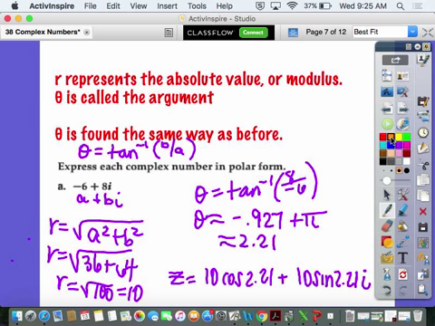I is always with sine, because it's always with the B. Yes, you do simplify. What is 10 cosine 2.21? Negative 5.97. And what is it when you do sine? 0.03? Awesome.